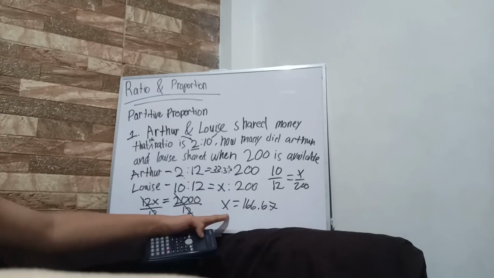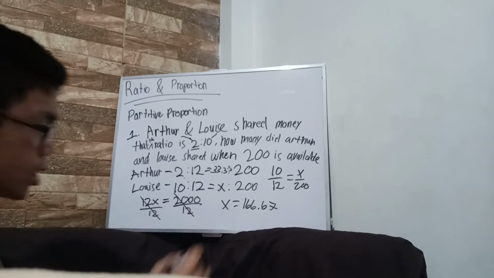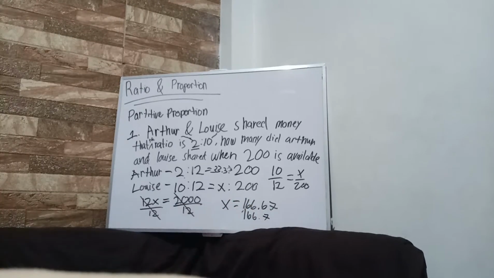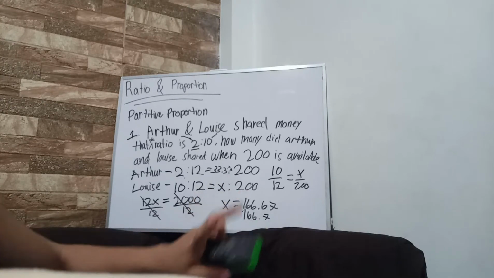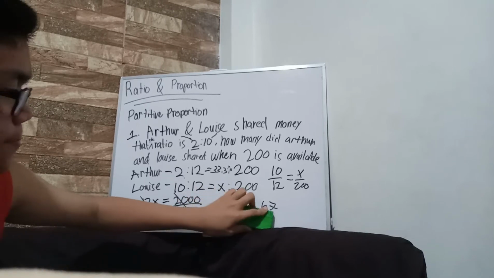So here, 166.67. What if you answered 166.7? Is it right? Of course it is right, but we need 2 decimal places from the right.